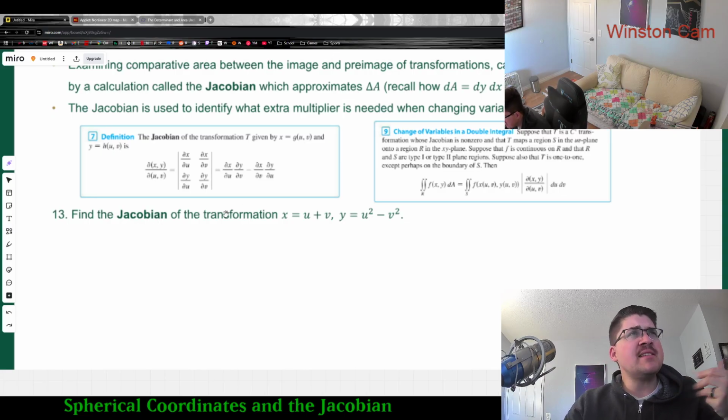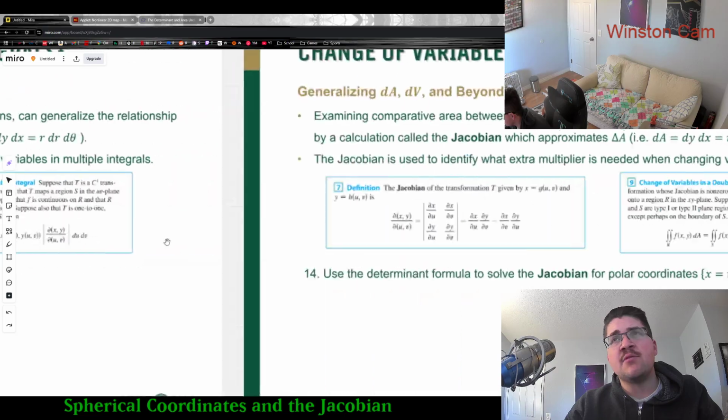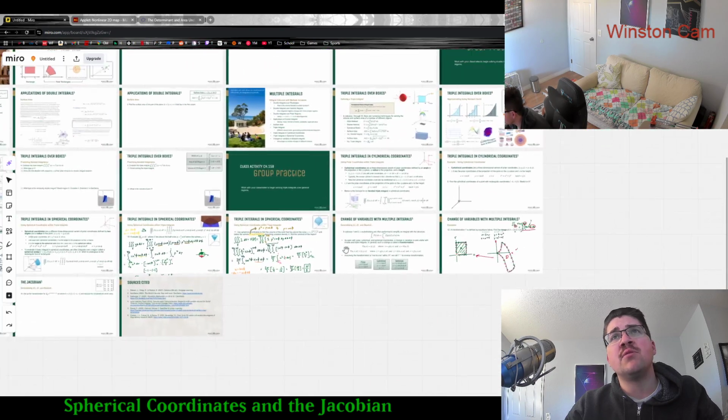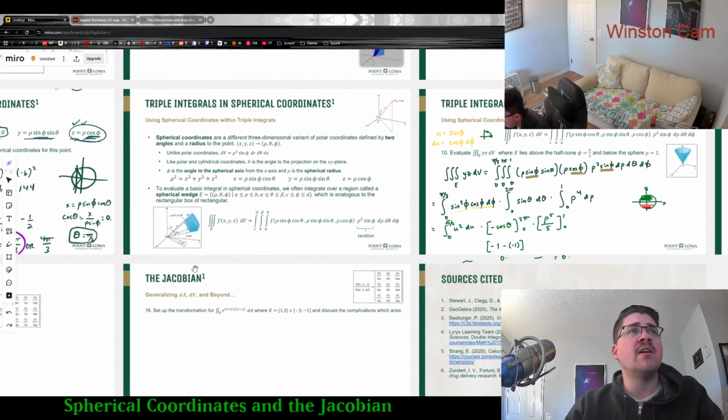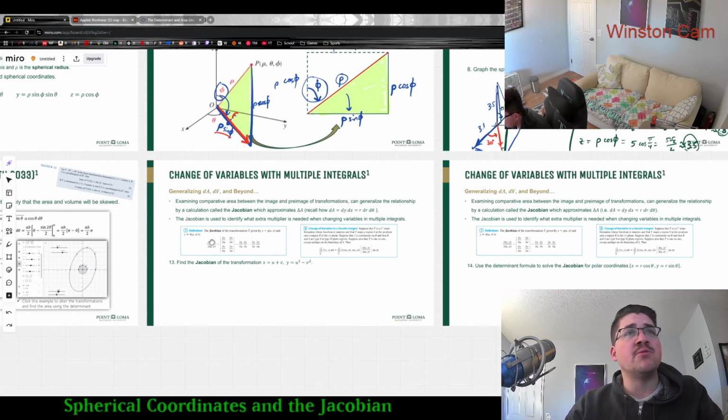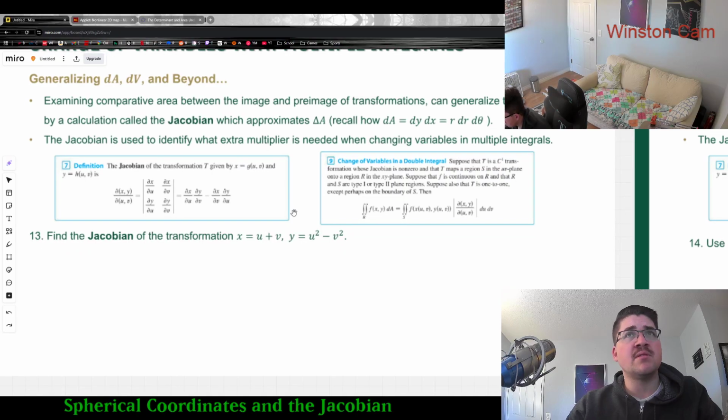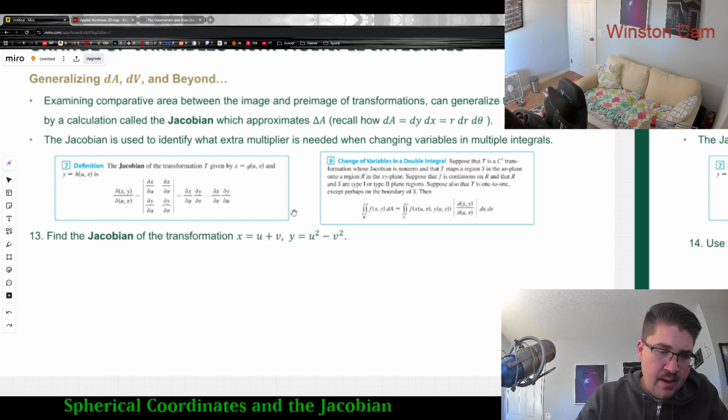For example, let's say we wanted to find the Jacobian of this transformation. Looking at our visual of what that was, say we wanted to solve this integral. This integral is a lot easier in terms of u and v. What sort of multiplier would we need to compensate as we go from one to another? It essentially involves the partial derivatives of those variables. Let's write it all out.